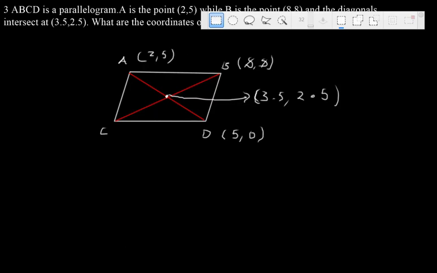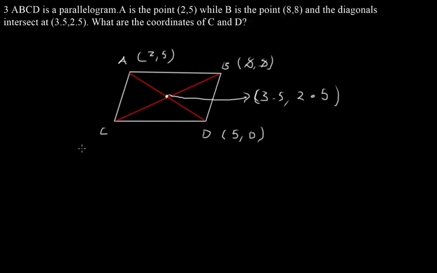So we use the exact same procedure, and we said we first start with identifying the x and the y in the coordinates that we've been given. So for C, we are going to use the coordinates of B and the midpoint coordinates. So for B we have 8, 8.